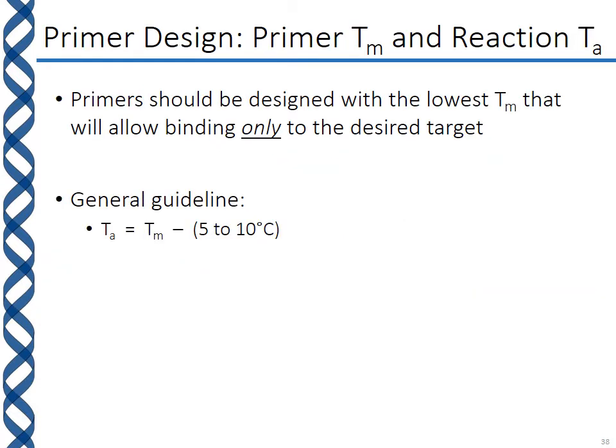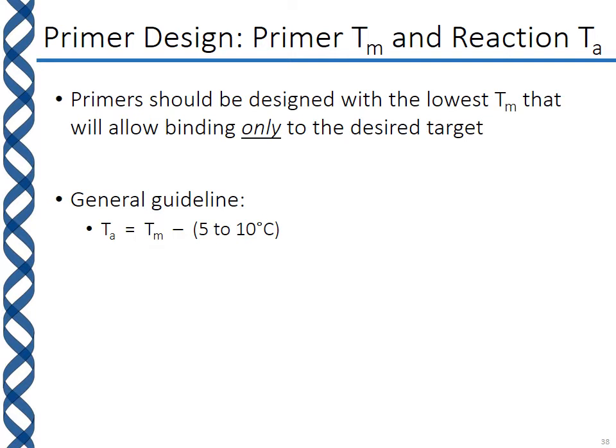Okay, so now let's take a look at TM and TA. We've discussed the TM of your individual primers. The TA is the temperature of annealing of your PCR reaction, and so that would be what that middle step in your PCR program, the annealing step, what temperature that's set to. So generally you want your primers to be designed with the lowest TM that will allow specific binding only to your desired target.